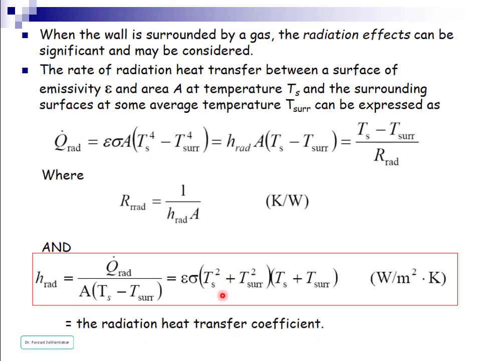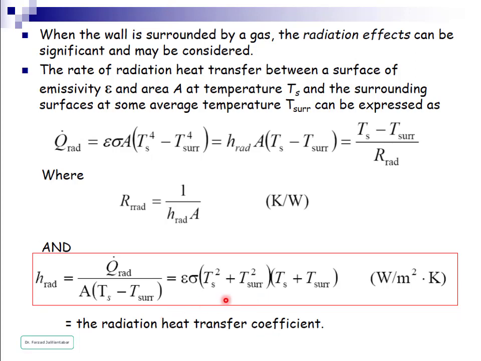Just notice that Ts and T surrounding should be in Kelvin to calculate h radiation. The definition of the radiation heat transfer coefficient enables us to express radiation conveniently in a similar manner to convection in terms of a temperature difference.